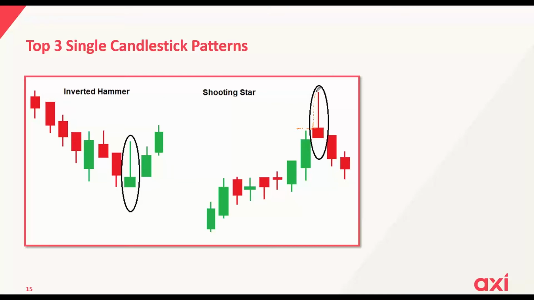What happened is that the bears came in and pushed it all the way down, not only to the current level over here, but even further down to close off over here. So the bulls had the chance to really take this to the next level, but they were overturned by the bears, and not only did the bears bring them back to their starting spot, but they pushed them down even further. That is why this shooting star formation is one of my favorite ones, right?